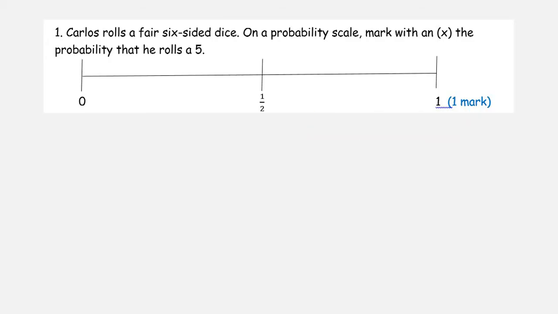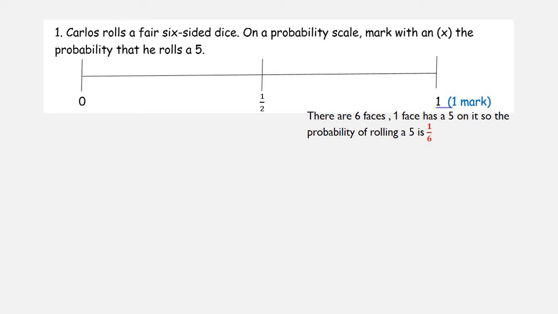Carlos rolls a fair 6-sided dice. On a probability scale marked with an X, the probability that he rolls a 5. So if he rolls a 5, there's only one 5 out of 6 faces on the dice. That's a 1 in 6 chance. And we just need to figure out where 1/6 would fall on this probability scale.